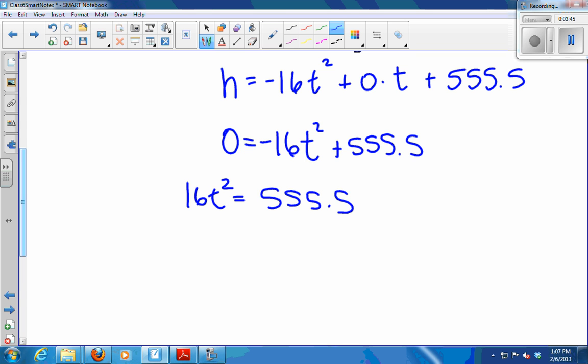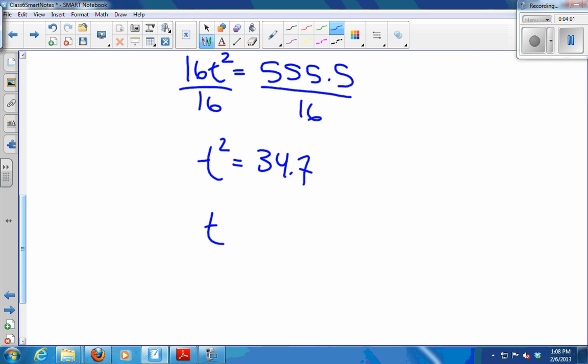Divide by 16. You want to get the t as much by itself as you can before you square root. So I'm going to divide by 16. So I get t squared equals 34.7. So then t, say it again, 5.9 seconds.